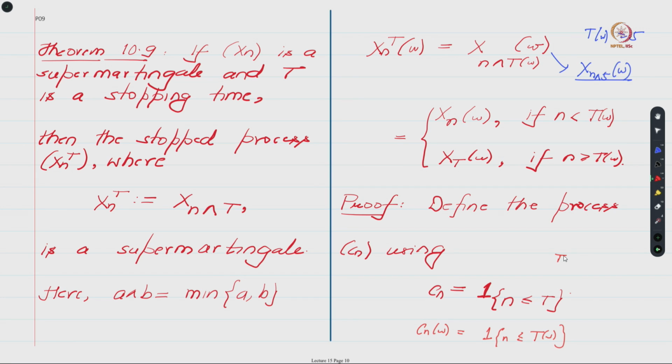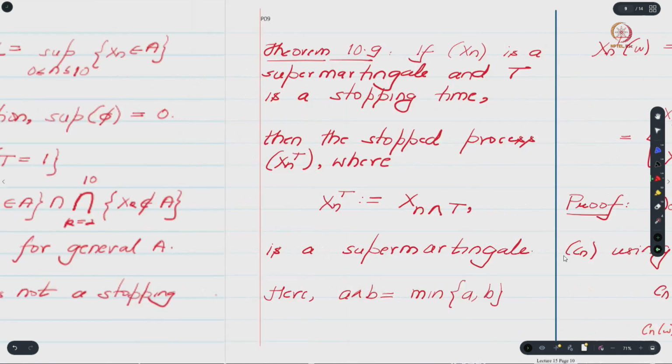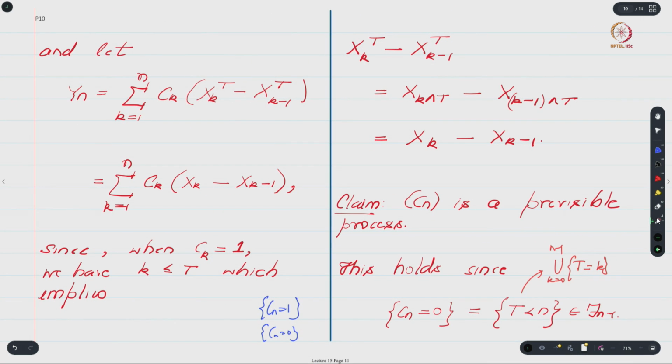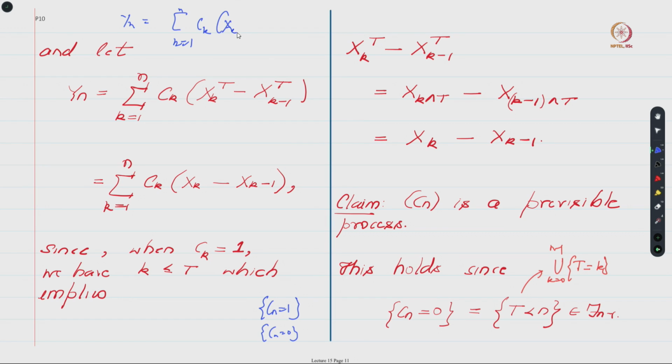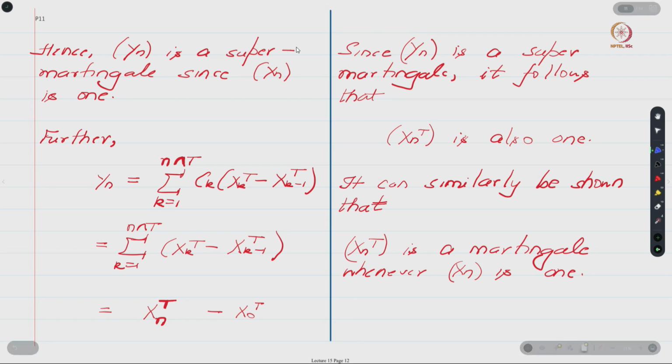Let me see if I can explain it in a better way. Your Yn sequence was the summation k equals 1 till n of Ck times (Xk^t minus Xk-1^t). So I should say Yn equals the summation k equals 1 to n of Ck times (Xk^t minus Xk-1^t).